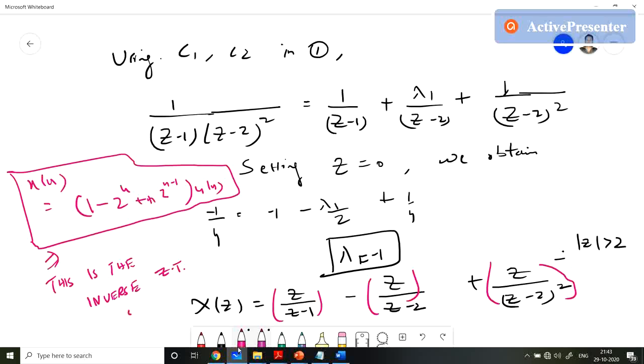This is the inverse z transform of X(z). That is, x(n) equals 1 minus 2 raised to the power n plus n times 2 raised to the power n minus 1, into u(n). This is n only. So this is x(n).